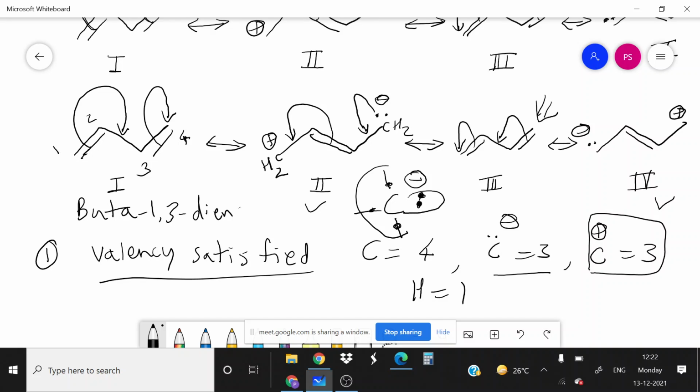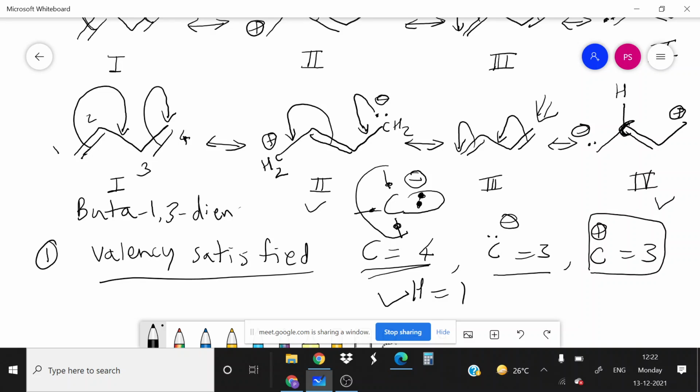Now look at this atom in canonical structure number 4. You can see this carbon is neutral, zero charge, and it has a total of four bonds, out of which three are sigma and the fourth is a pi bond. This means the valency of this carbon is satisfied. The valency of carbon is 4. And of course all hydrogens are having one bond.